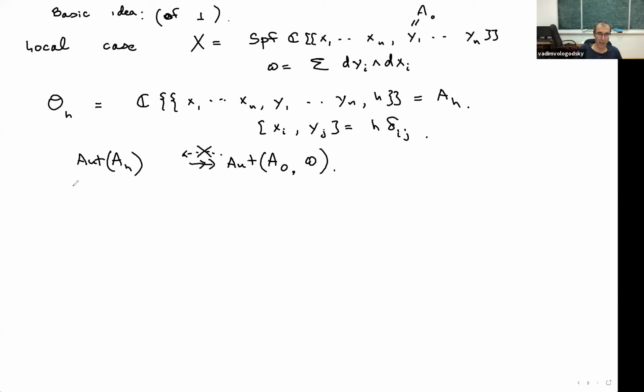So the idea is to study the kernel of this map, call it H. The basic idea is that this group has a very large unipotent radical, and if you mod out by the unipotent radical, then the splitting exists.